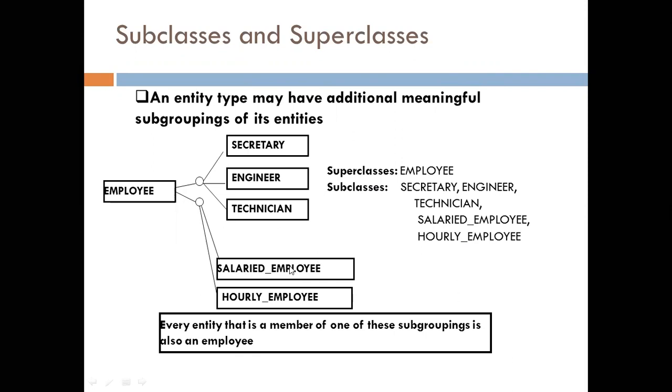Which means if he is a salaried employee, then that is an employee entity also. If an entity belongs to salaried employee, then that entity belongs to employee also. This is just like a parent and child class relationship.